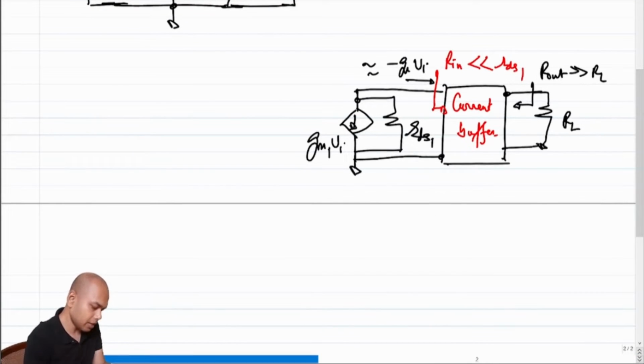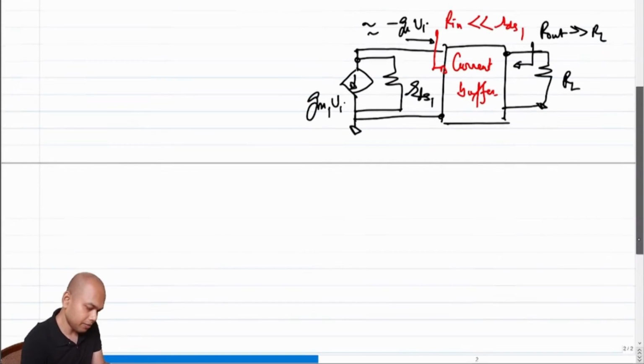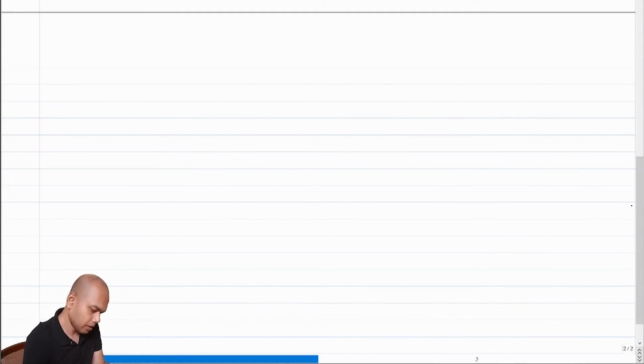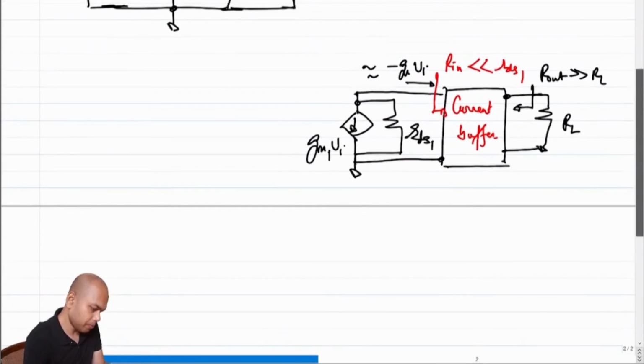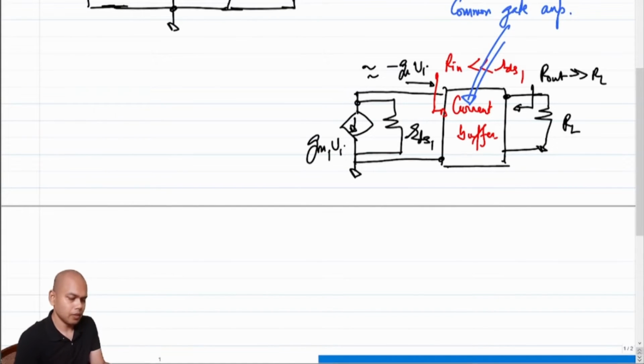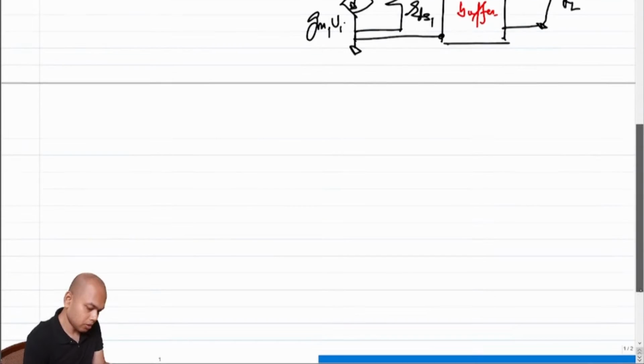We had already seen that a common gate amplifier can act like a current buffer, so now what we need to do is to replace this block with a common gate, correct?